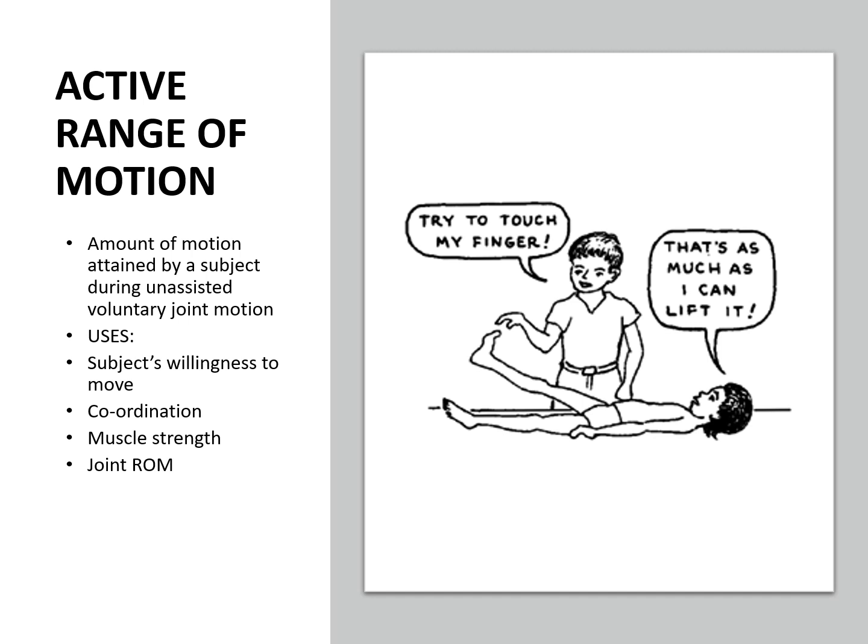So active range of motion will tell us whether the subject is willing or not willing to do it. It will also tell us about the coordination, how smooth the movement is, whether there is purely shoulder abduction happening or a combined movement going on.